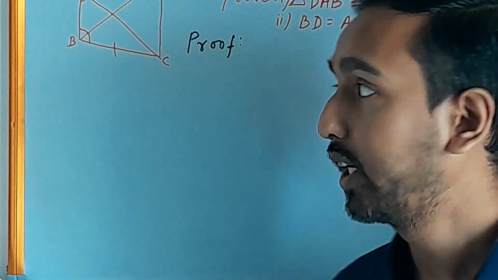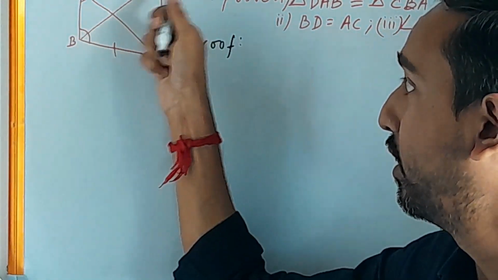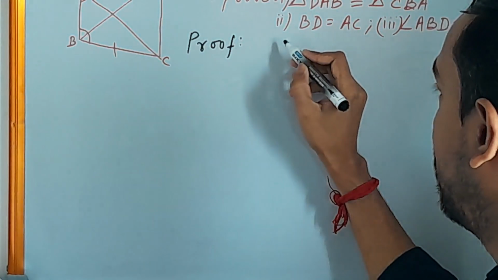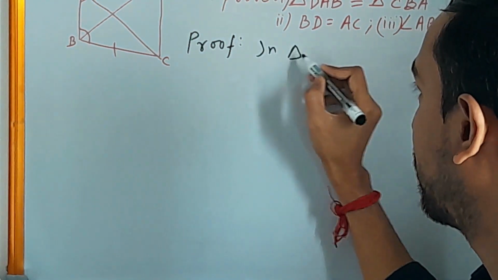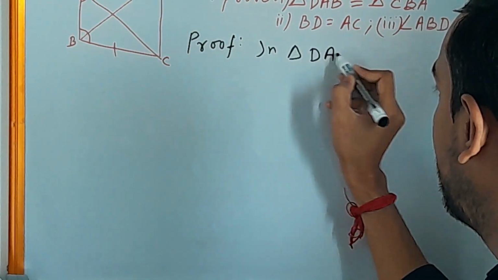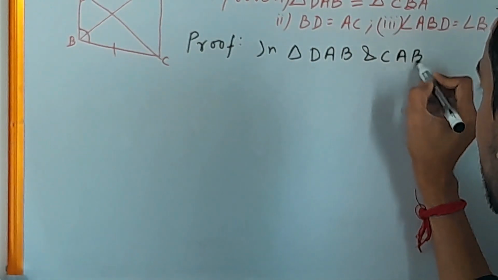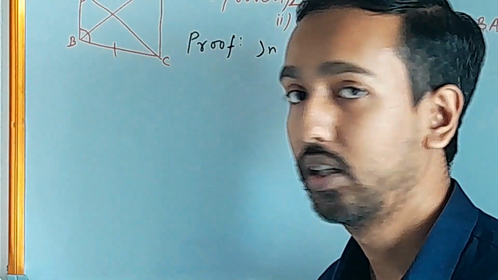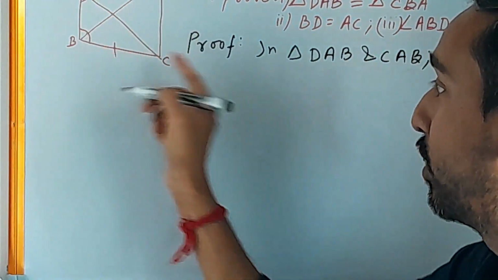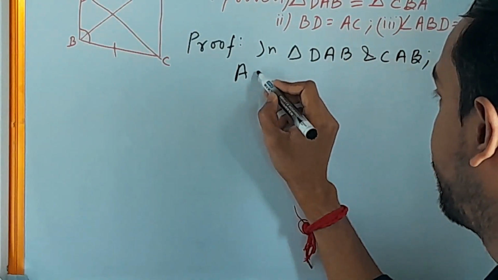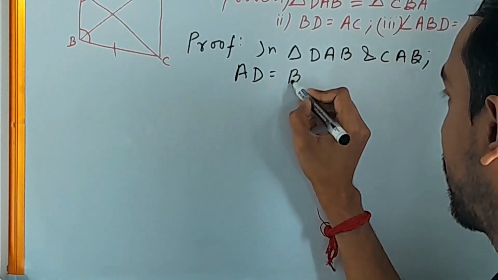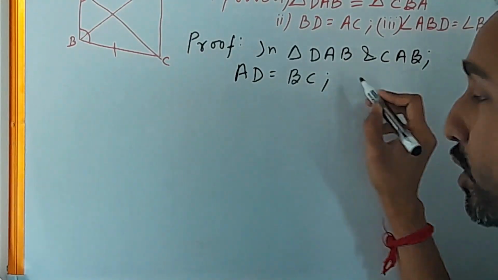First of all, we take the triangles DAB and CBA. In triangles DAB and CBA, we see that AD is equal to BC, because it is already given in the question.